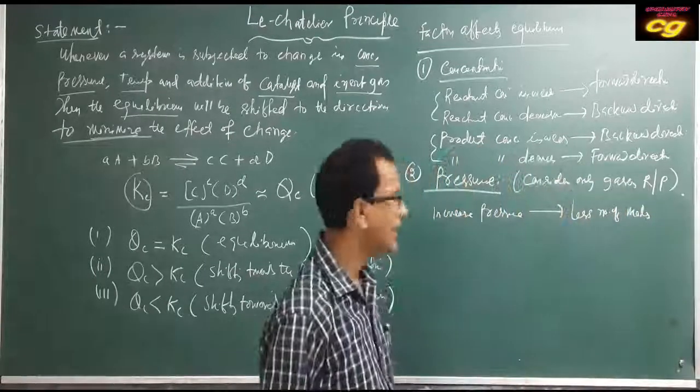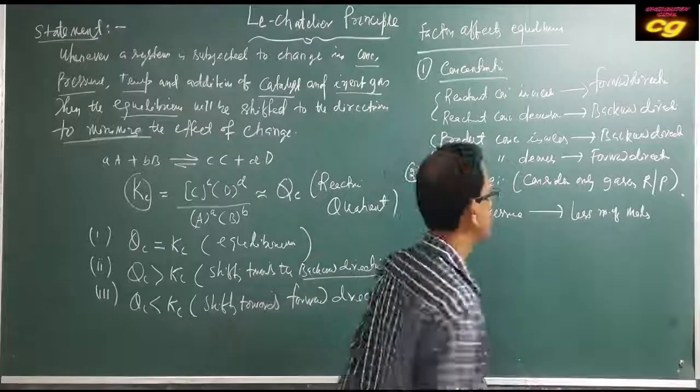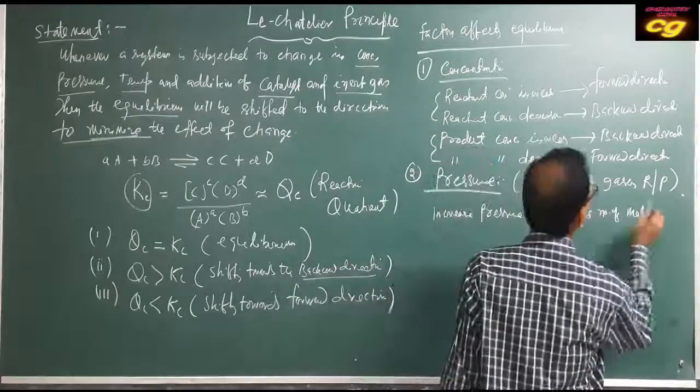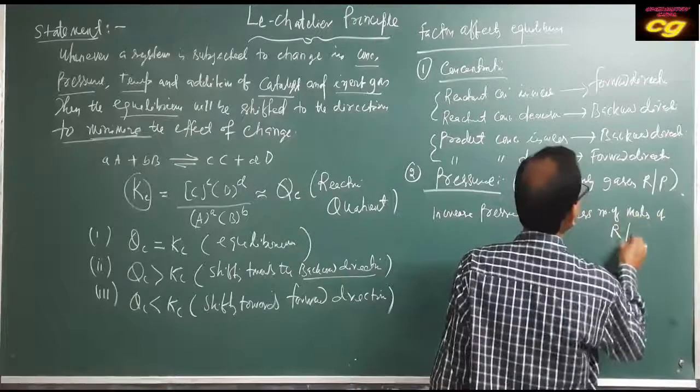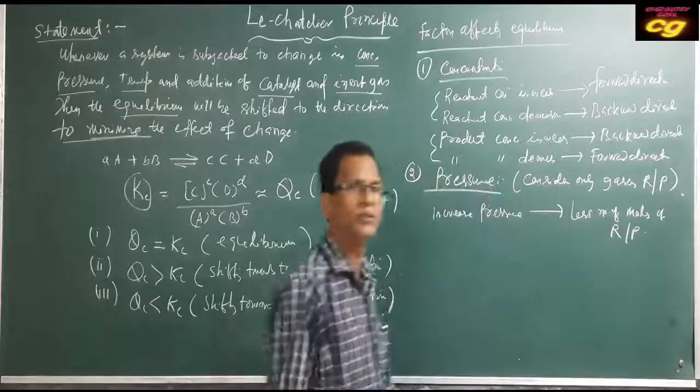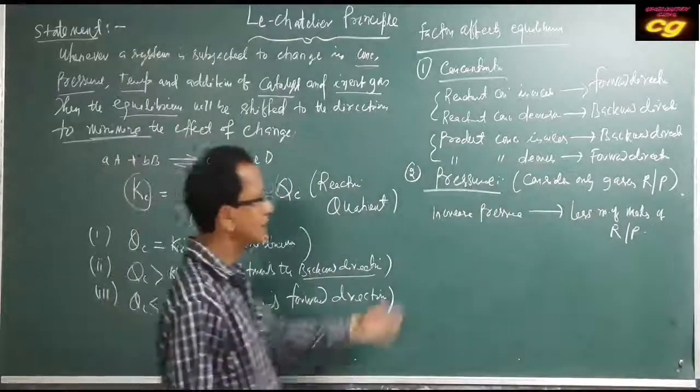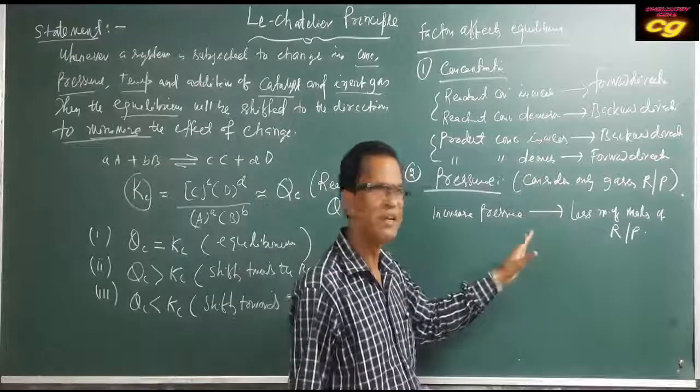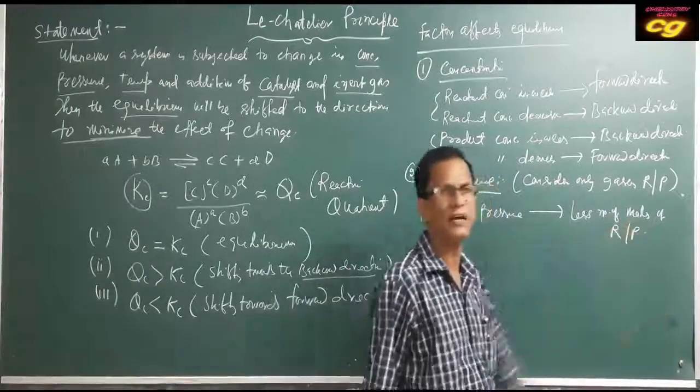Towards the side having fewer moles, fewer moles of reactant or product. It depends upon the number. Increasing pressure always shifts equilibrium towards the side with fewer moles of reactant and product.